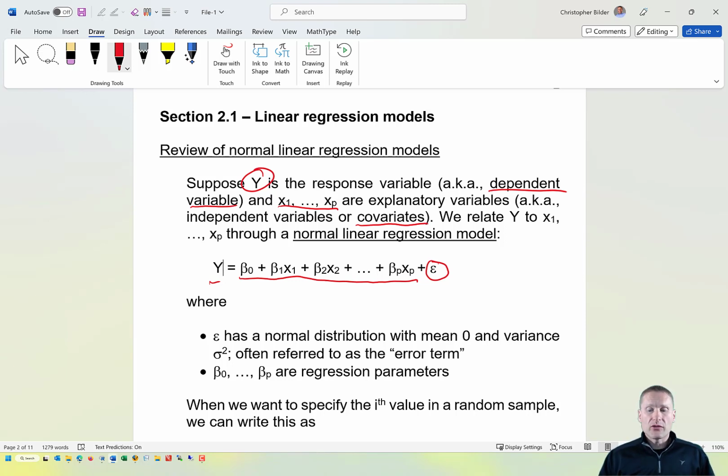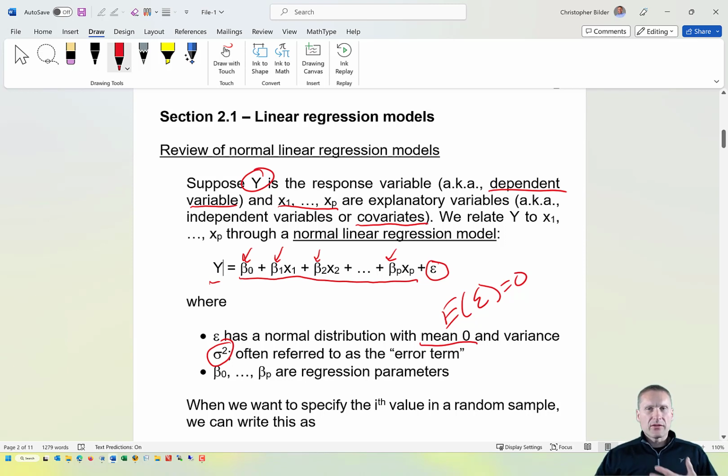It's a normal distribution with a mean of 0, meaning that on average your errors are equal to 0. And it also has a particular variance, sigma squared, which is a parameter that we would want to estimate. So the parameters here are the regression parameters, the betas, and also sigma squared.